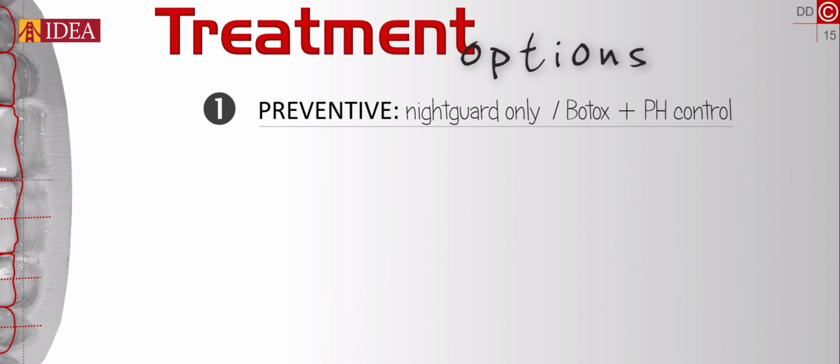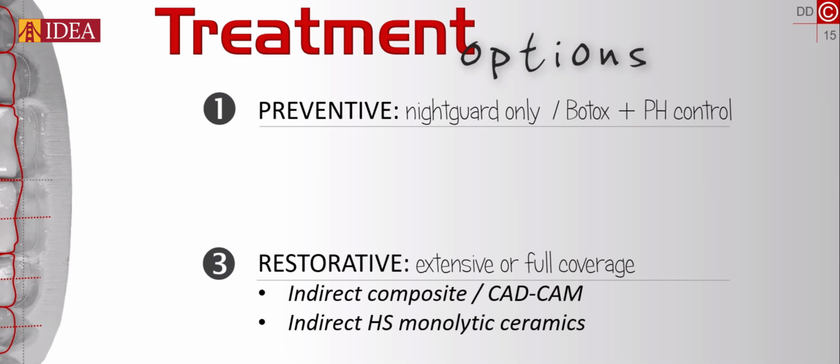The first strategy we have, and hopefully that we can improve in the future, is preventive. It means nightguard to protect the teeth in case of bruxism, Botox eventually to reduce the muscle contraction forces and reduce the volume of muscles, and pH control, that of course involves many different forms of preventive measures. On the other side, we have the restorative. I intentionally do not use prosthetic because prosthetic sounds quite negative or very invasive by nature.